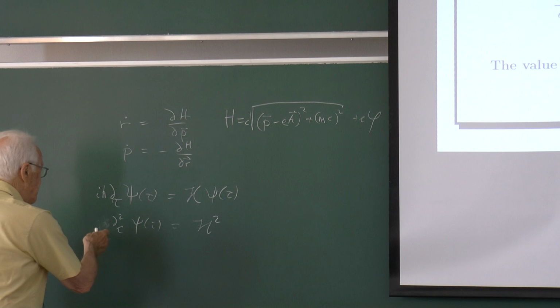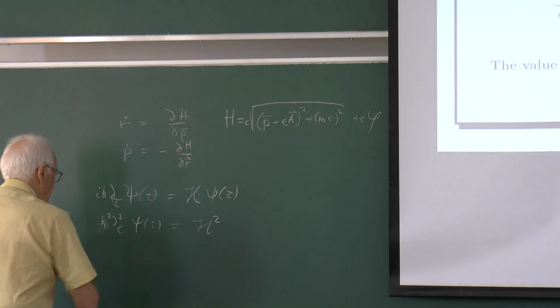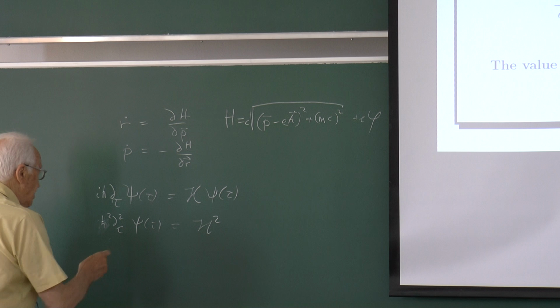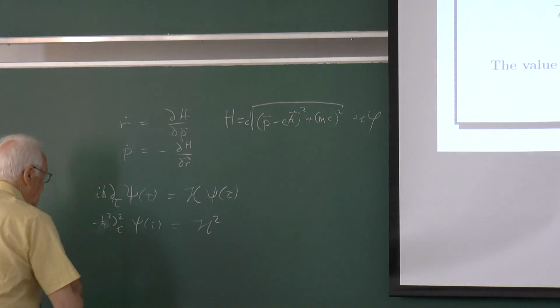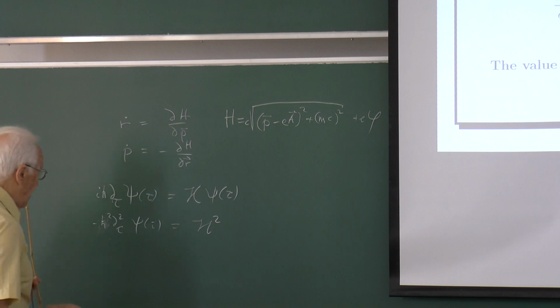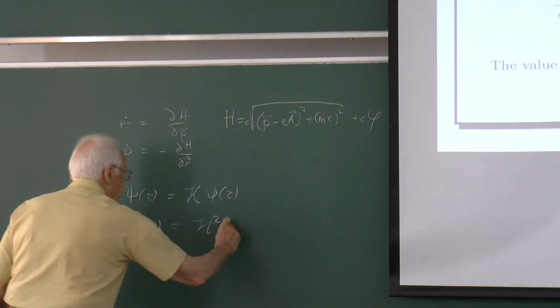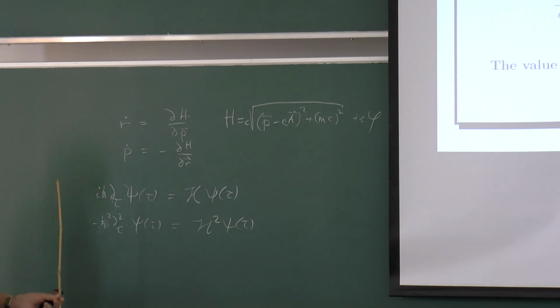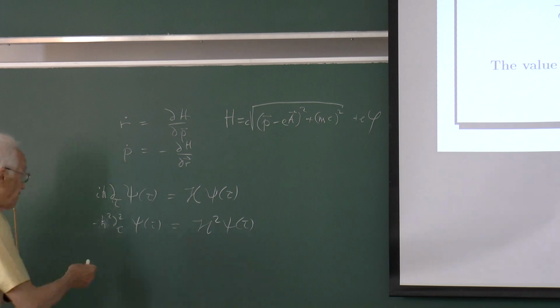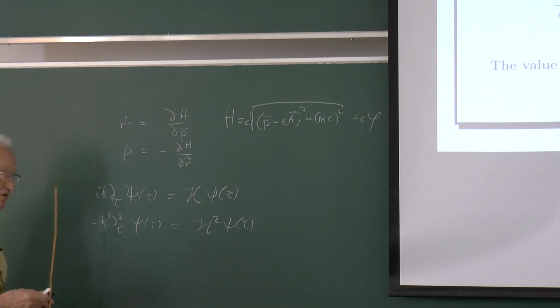so I need some, just to keep the dimensions right, I need h squared, and the square of i will produce minus times psi of tau. Now h squared, according to the rules of quantum theory, momentum should be replaced by the derivatives, and I get a sort of generalized Klein-Gordon equation. Why generalized?